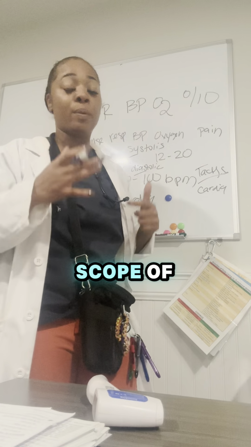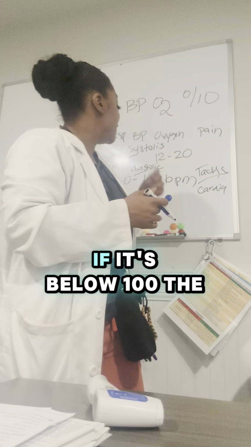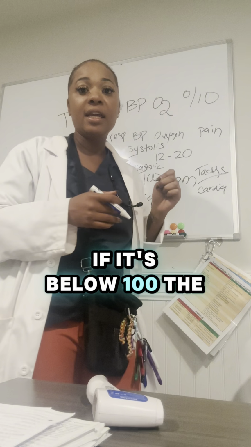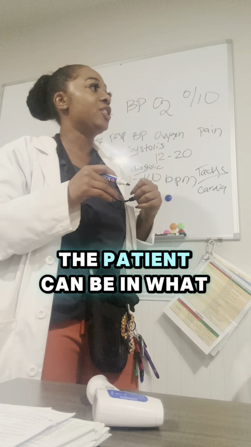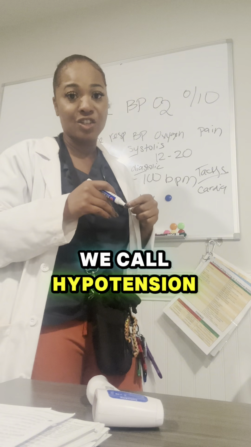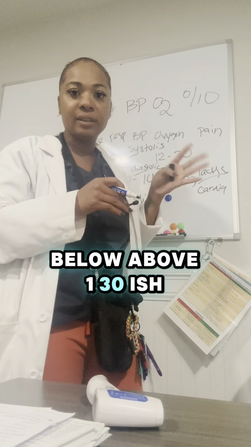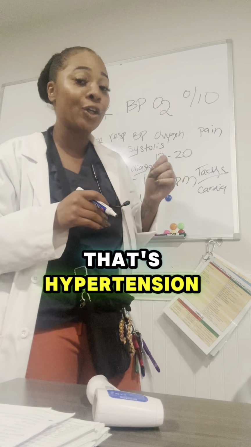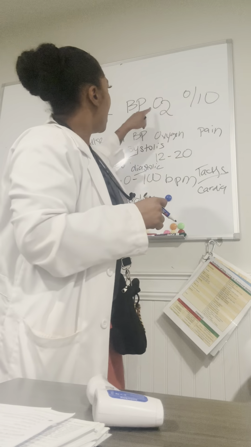You stay within your scope of practice, whether you're a nurse or a CNA, okay? If the systolic is below 100, then that means that the patient can be in what we call hypotension, okay? Above 130-ish, that's hypertension, hyper, excessive, high, okay?